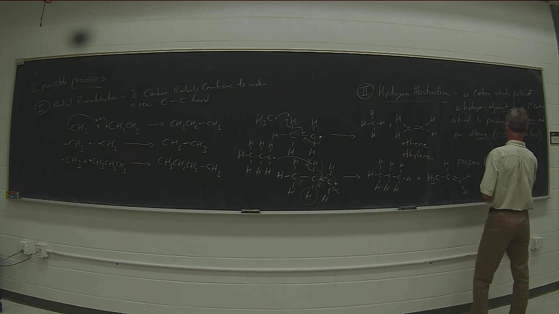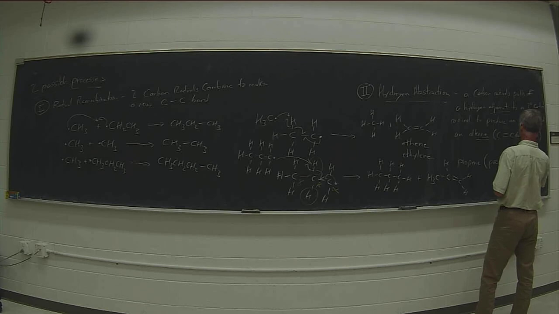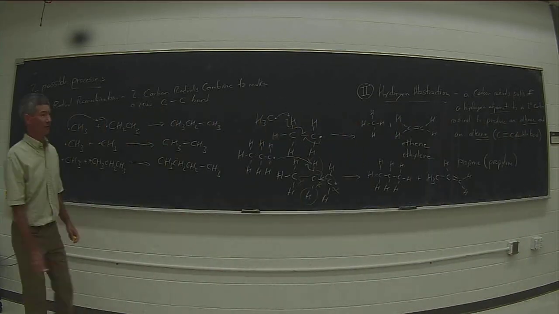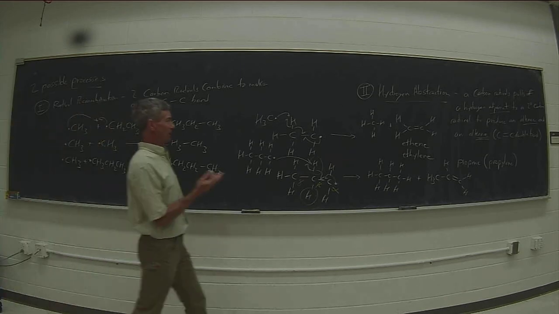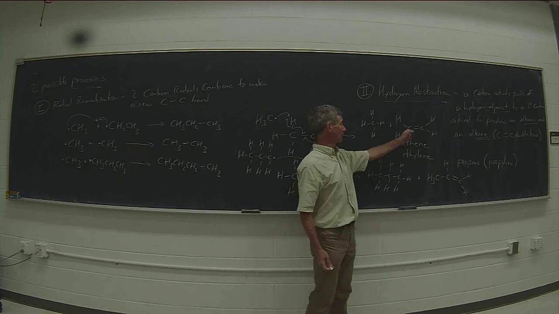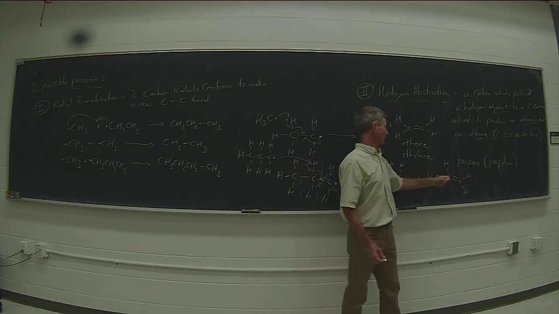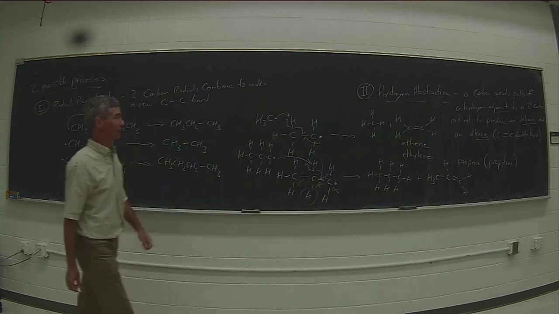Also called propylene. Propene is the IUPAC name, propylene is the common name. The polymers produced from these take the common name. So the polymer derived from ethene would be polyethylene, and the polymer derived from propene would be polypropylene. You're probably familiar with both of those.